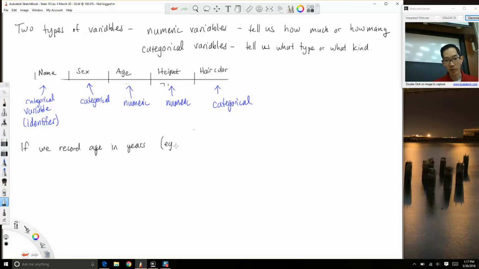So for example, 19 versus 22 and 46. However, if you're an organization like Nielsen Research, age can also be recorded as a categorical variable.